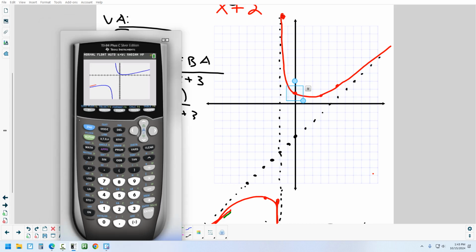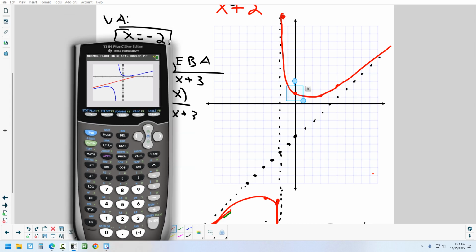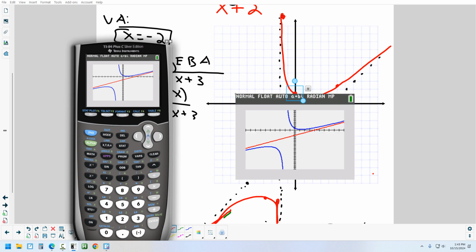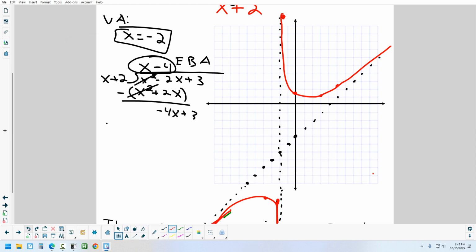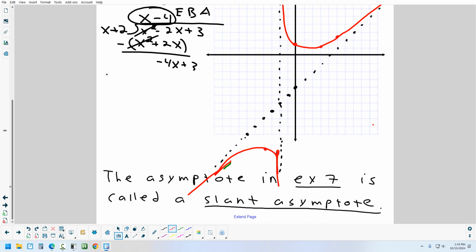Let's see. Does it look like the blue and the red line are getting closer and closer? Yeah, they're going to keep getting closer and closer. So that confirms that what we found is the right answer. Any question on that?